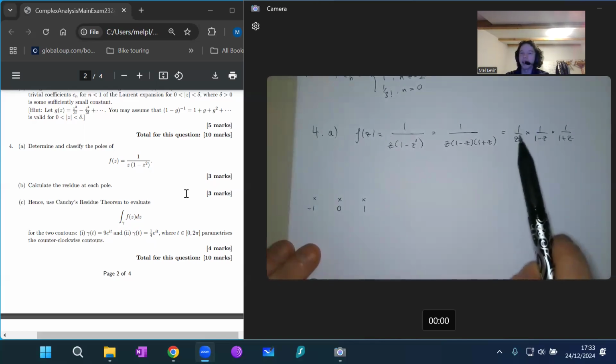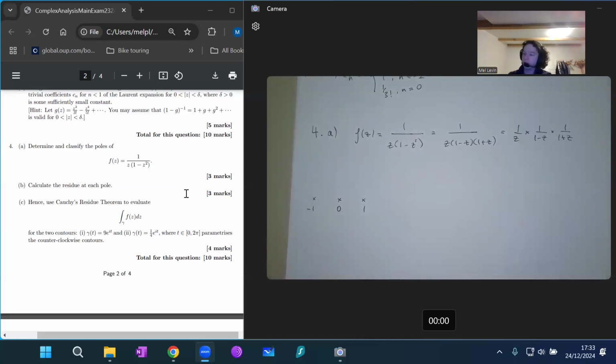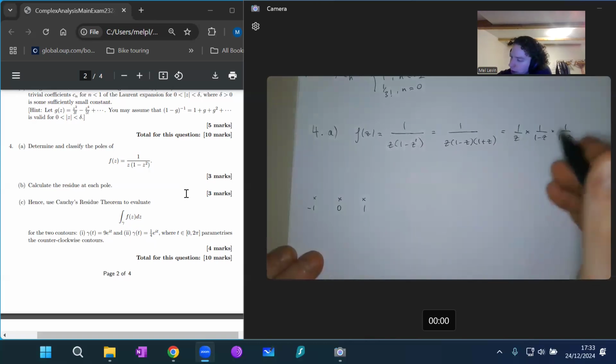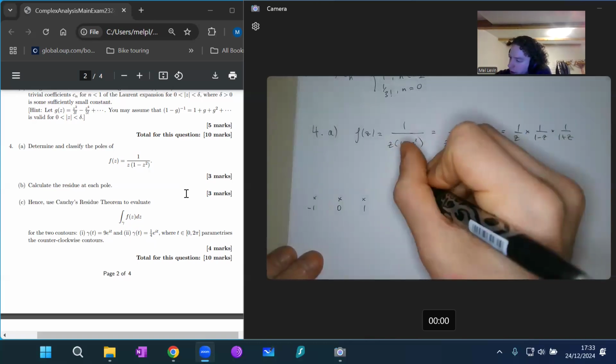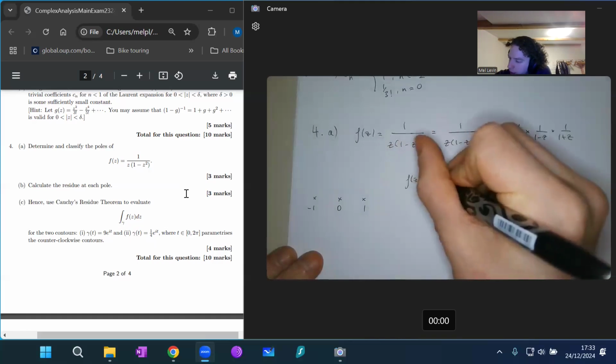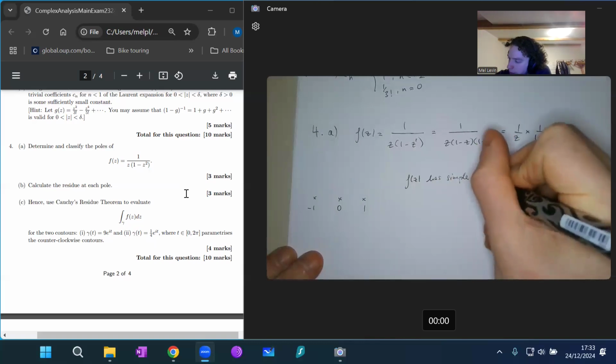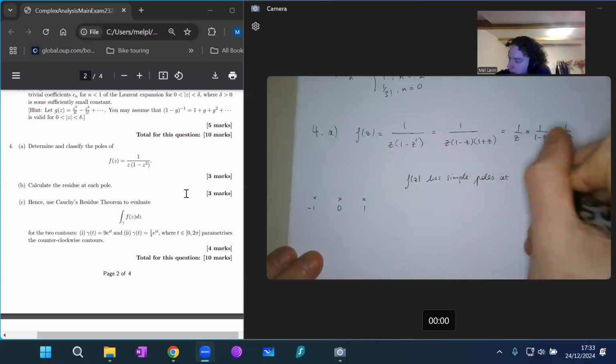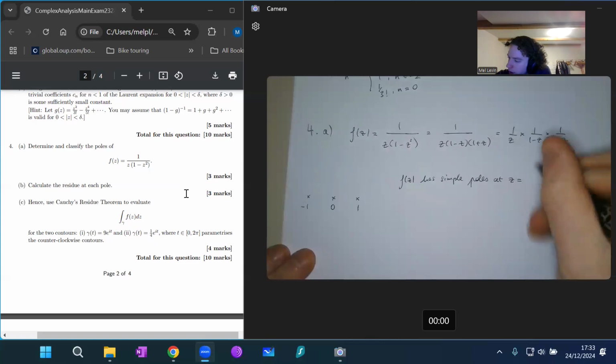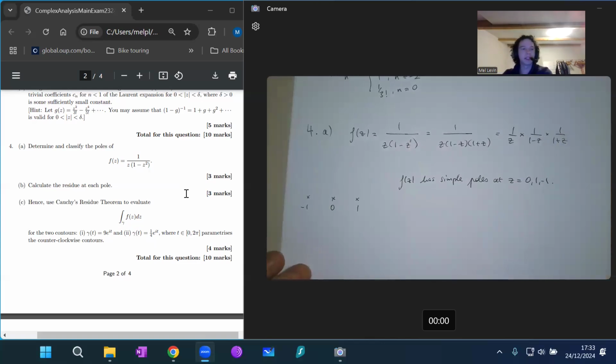It doesn't modify the simple pole that 1 over z has, and that goes for all the other ones. So this one's nice and easy. So f(z) has simple poles at z equals 0, 1, and -1. That's it.